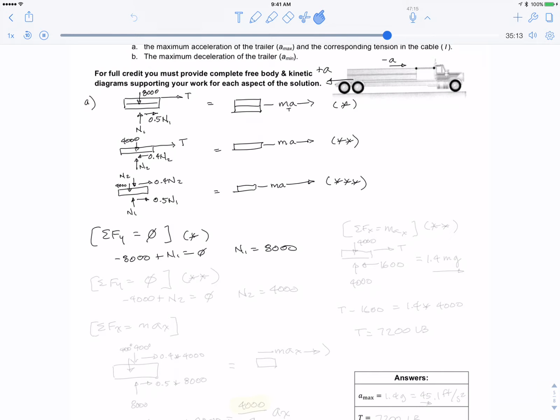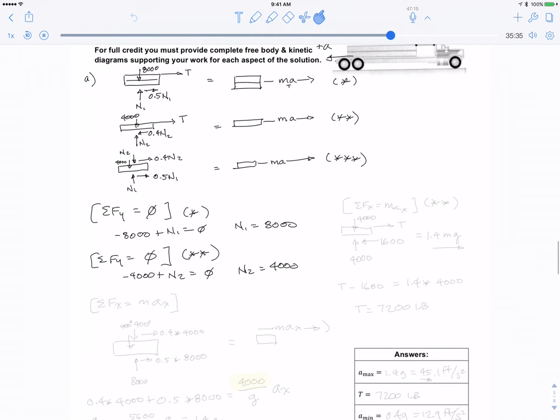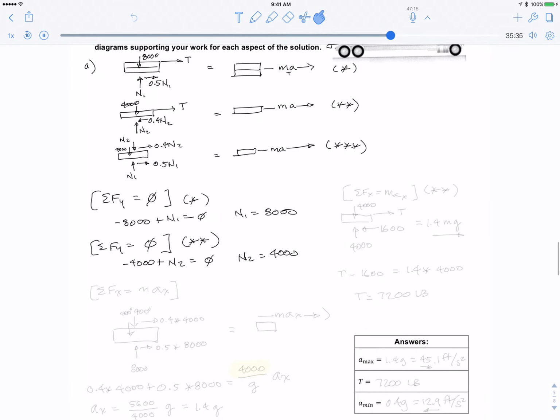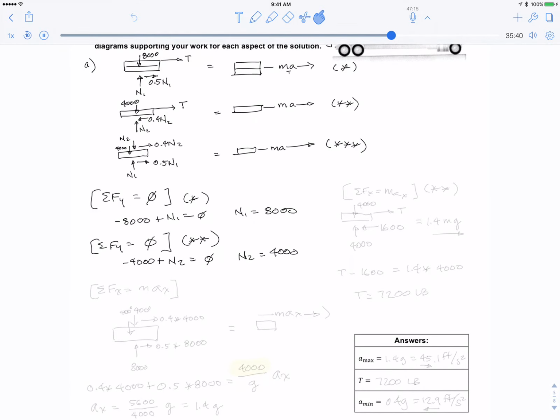Then I did sum Fy equals 0 because there is no y acceleration for the second one. And I got minus 4,000 plus N2 equals 0, or N2 equals 4,000. That might have been obvious to some of you, but I just wanted to write it out to convince myself of that.